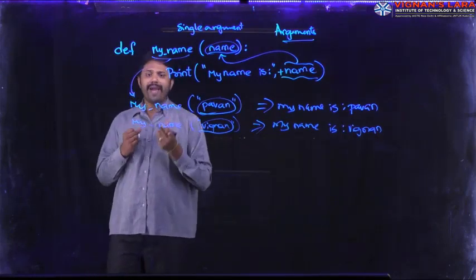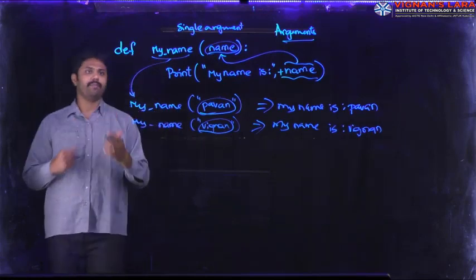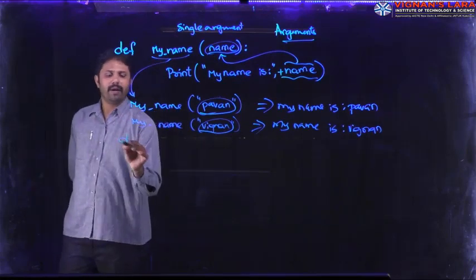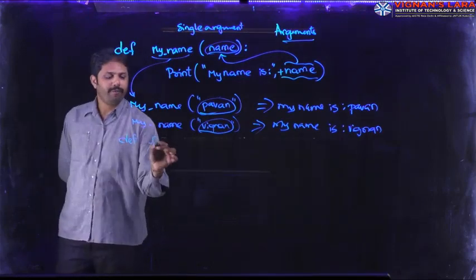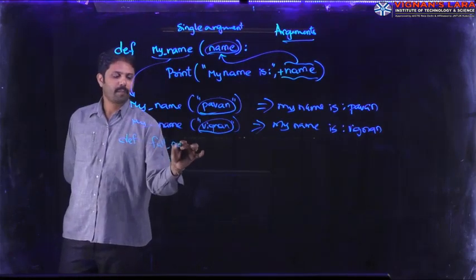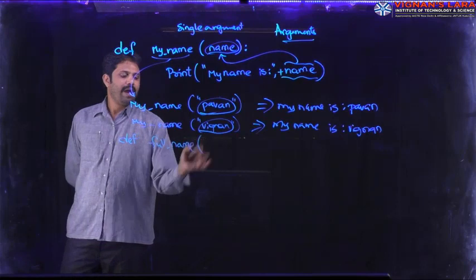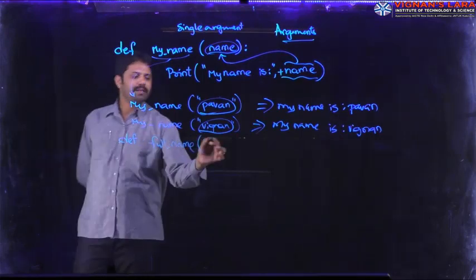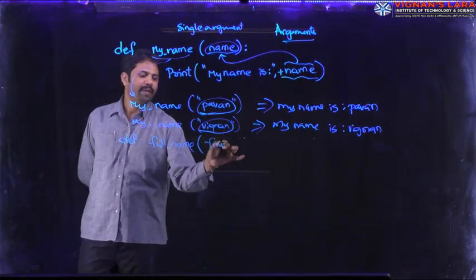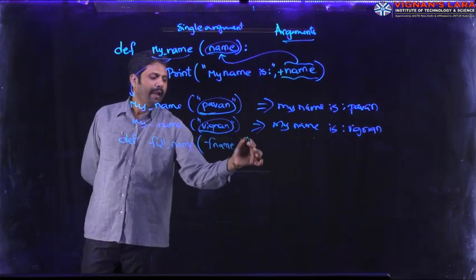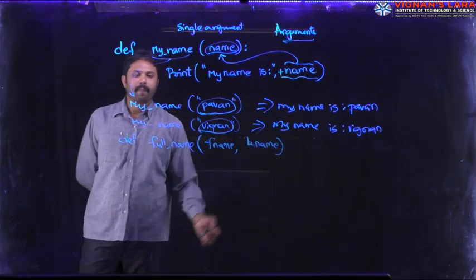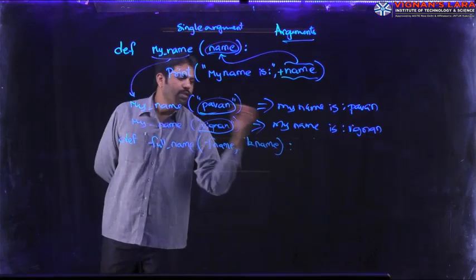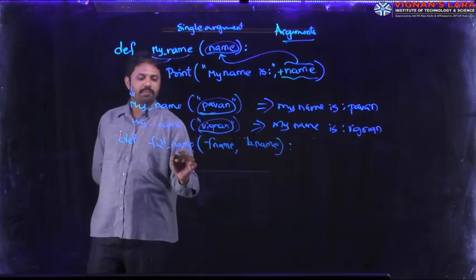Next, if you have multiple arguments, how can you add them? Define full name, and I pass the arguments F name, that means first name, and L name, that means last name, and close with indentation mark.